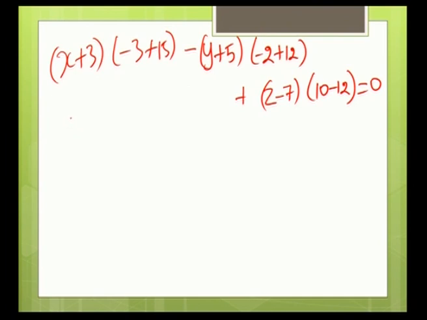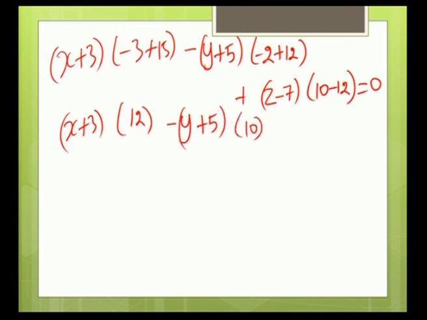This is the expression we get after expanding that determinant. Simplify this equation. We will get x plus 3 into 12, minus y plus 5 into 10, because minus 2 plus 12 gives 10, plus z minus 7 into minus 2, 10 minus 12 is minus 2, is equal to 0.